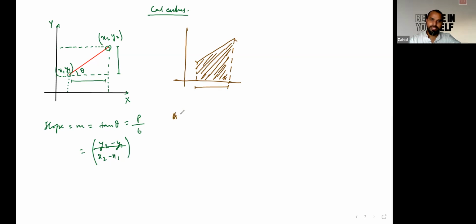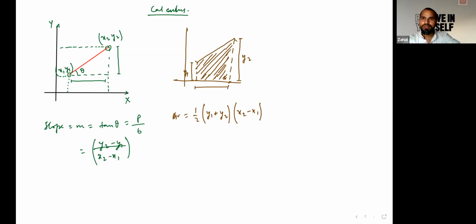So area is equal to half the sum of parallel sides, which means this segment and this segment, let's say y1 and y2, so it would be y1 plus y2, and the difference of these two segments, which means x2 minus x1. So this will define the area related to that curve, and this will define the slope related to that curve.